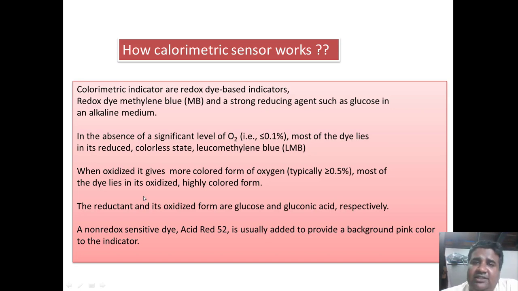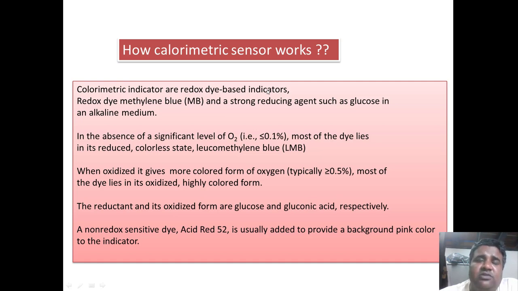So how does this colorimetric sensor work basically? This colorimetric sensor works on redox dye based indicators. You might have performed the experiment in the microbiology lab, the methylene blue reductase test, MBRT.